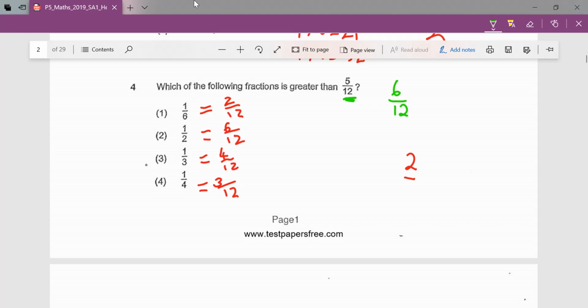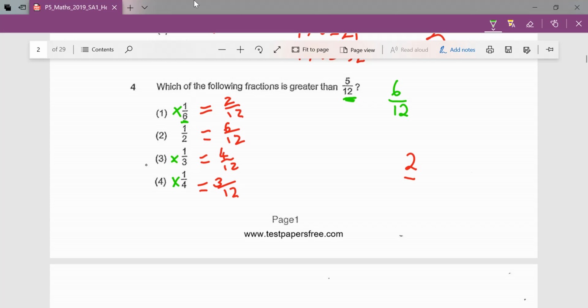So if you look at 1 over 6, is 1 the halfway point of 6? No. So out. We skip to option 3. 1 over 3. Is 1 the halfway point of 3? No, it's not. It's far from it, so it's wrong. 1 over 4, even worse, even further from the halfway point.